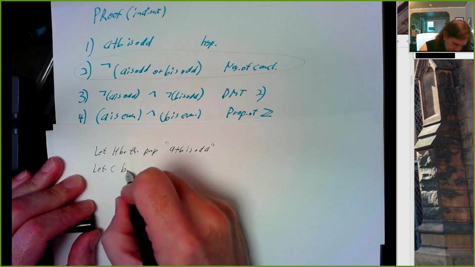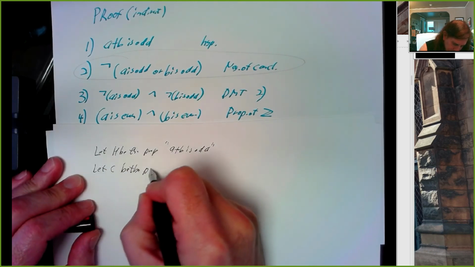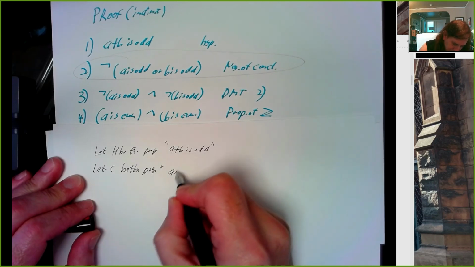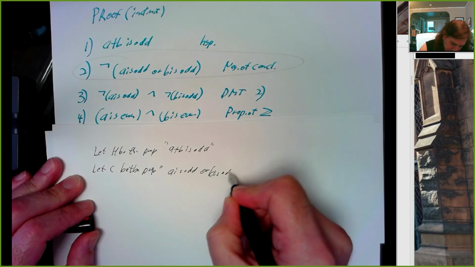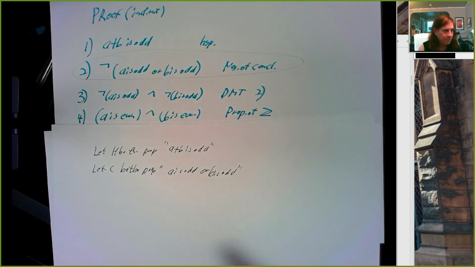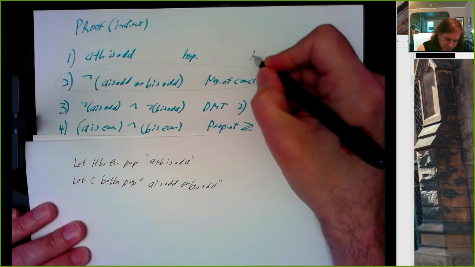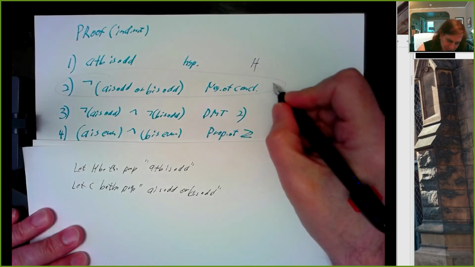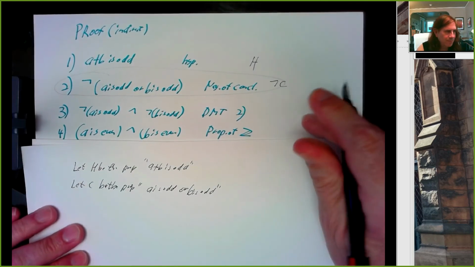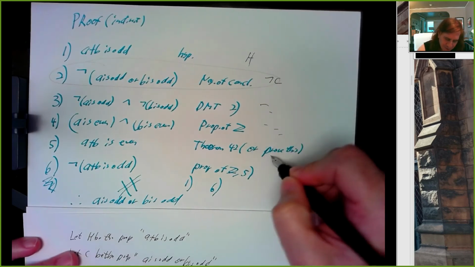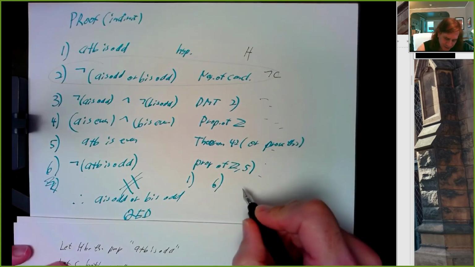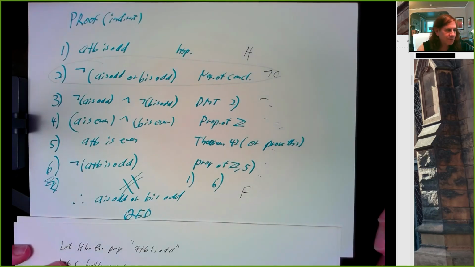Let C, the conclusion, be the proposition A is odd or B is odd. Alright, so we started off, we stated H, and then we stated not C. We did that as an assumption, and we argued, and eventually we proved false.